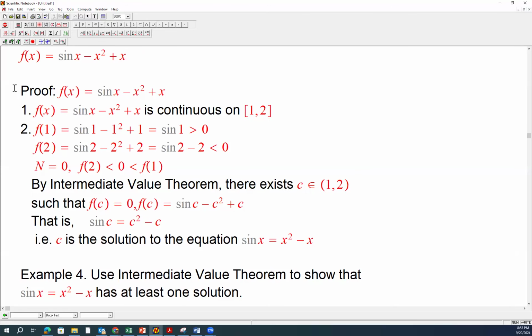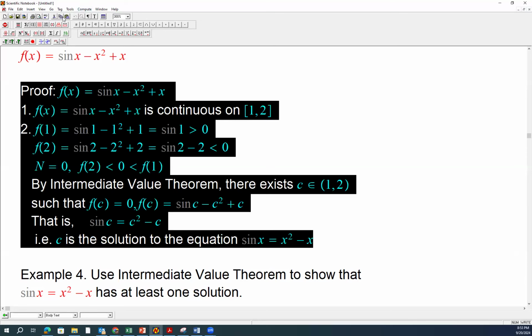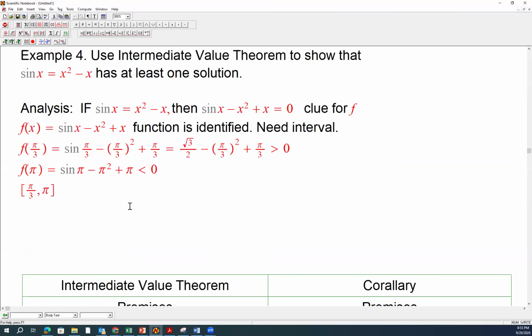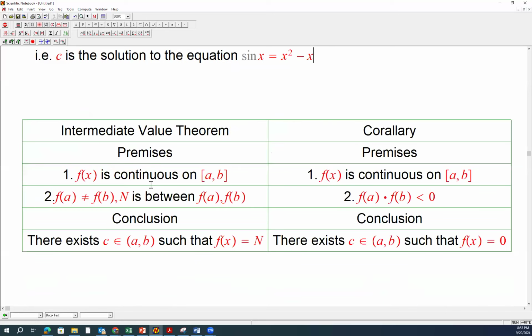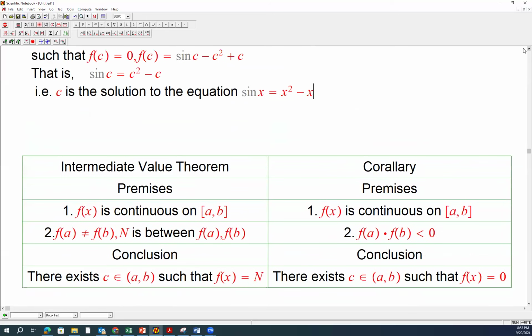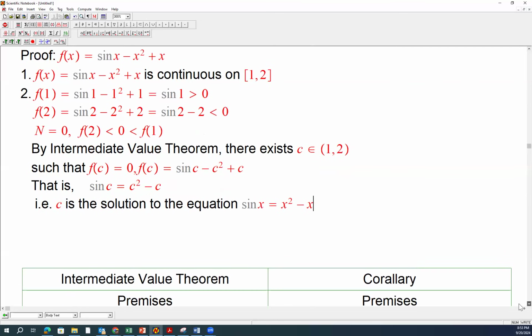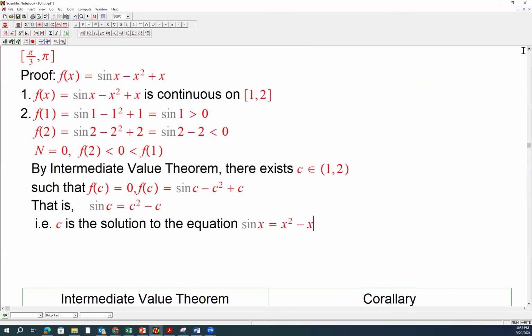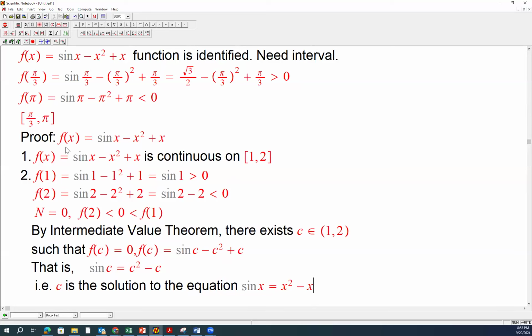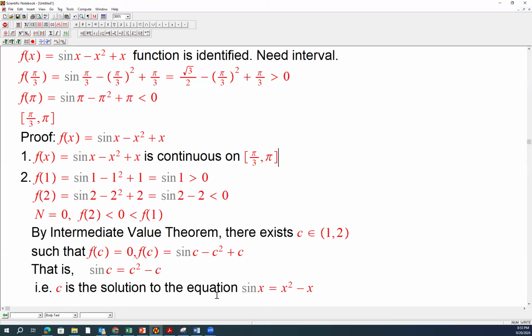I pretty much will copy this piece of work, okay, to save time. And of course, I need to make some adjustments, some changes. I still use the same function. It is continuous on this closed interval, not 1, 2 anymore, right?